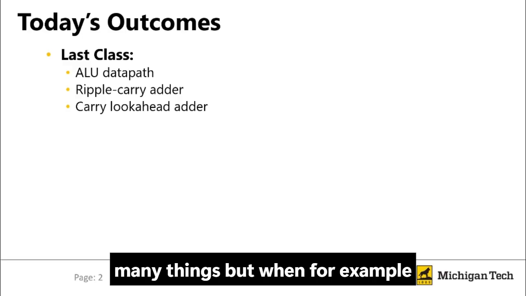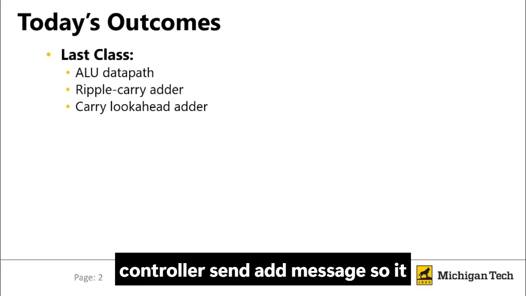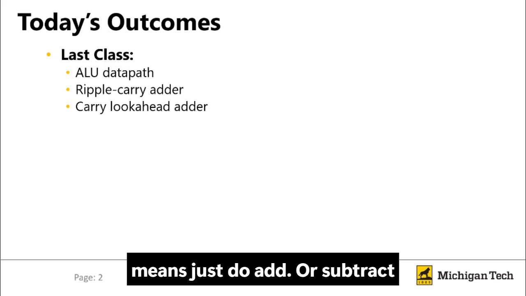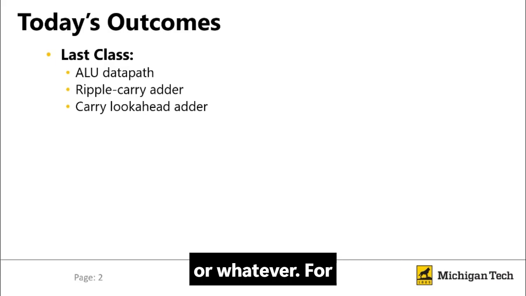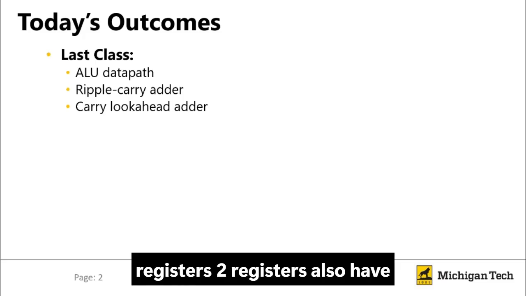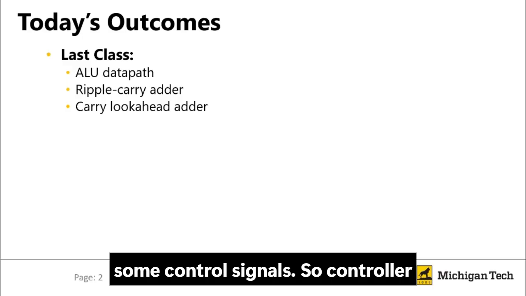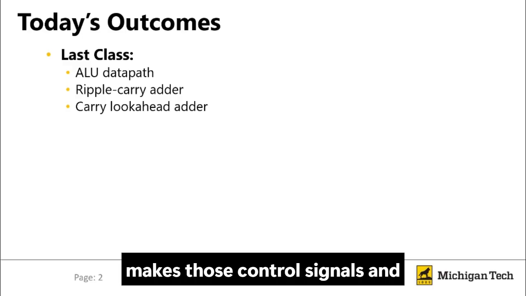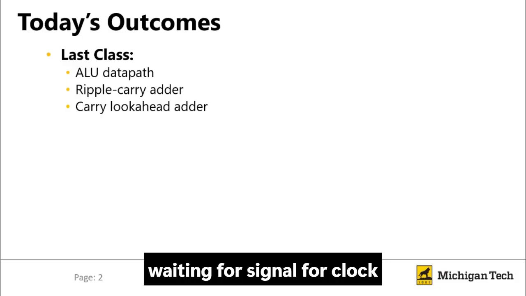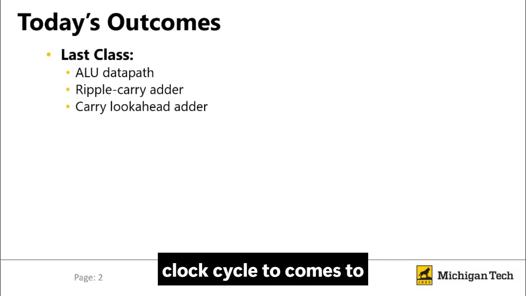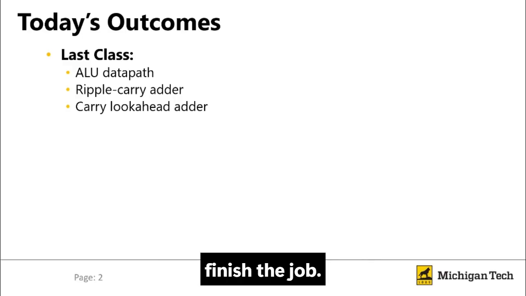But when, for example, controller sends add message, it means just to add or subtract or whatever. Registers also have some control signals. So controller makes those control signals and waits for the clock cycle to come to finish the job.